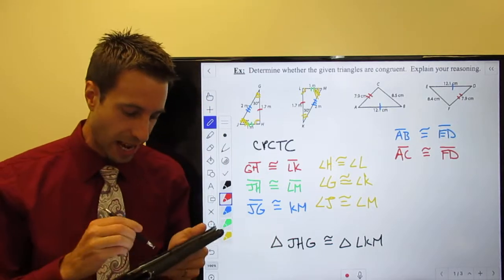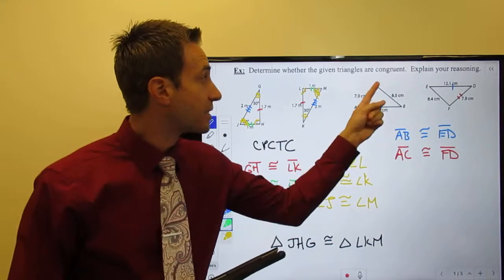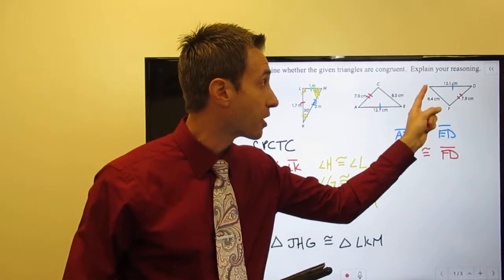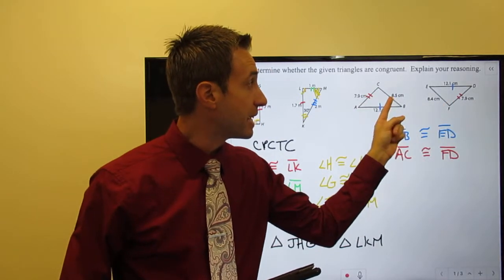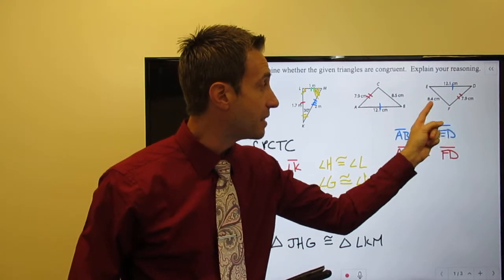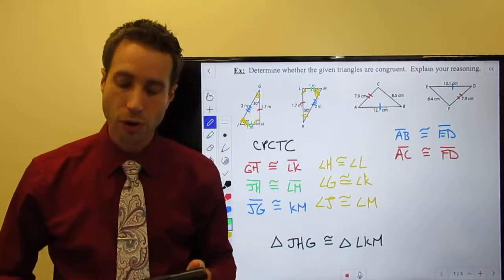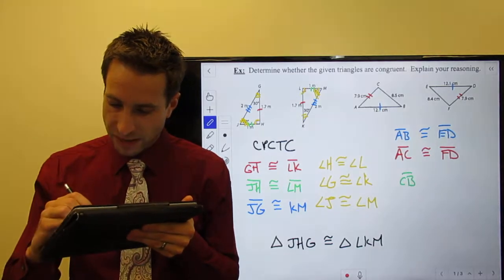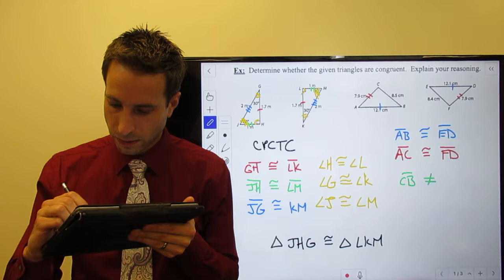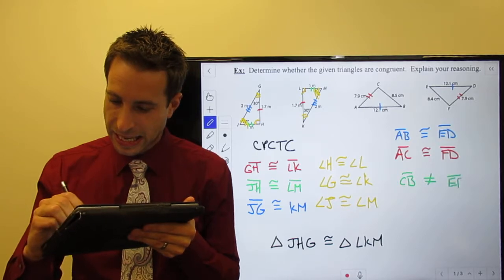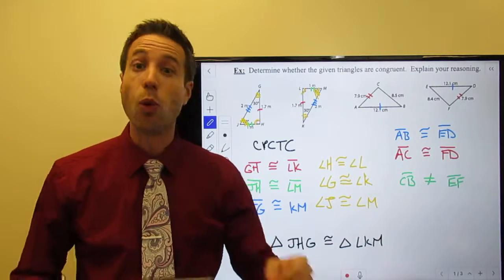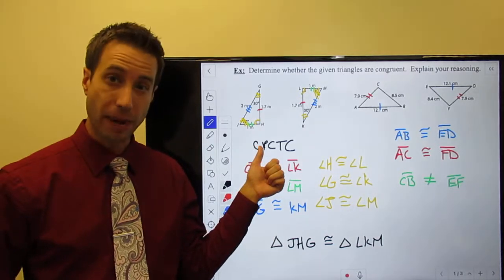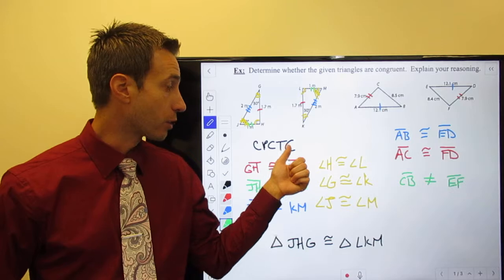Fantastic. One more side to go. I have side CB, which must be congruent to its corresponding side EF. CB is 8.5, EF is 8.4. Oh no, we did not get it. CB does not equal segment EF, which means I do not have corresponding pairs of congruent triangles that are congruent.